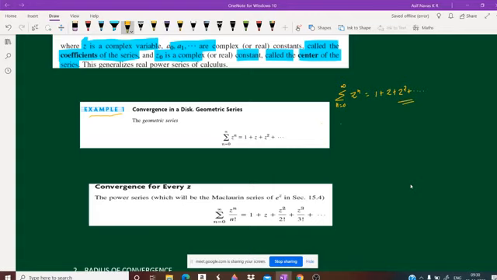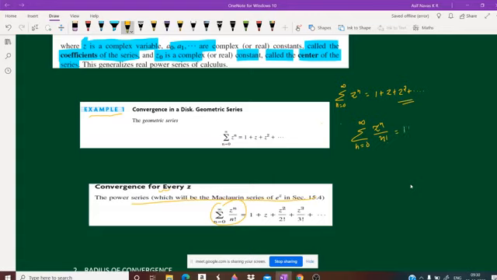Another example is if you take this power series: sigma n equal to 0 to infinity z to the power n divided by n factorial.